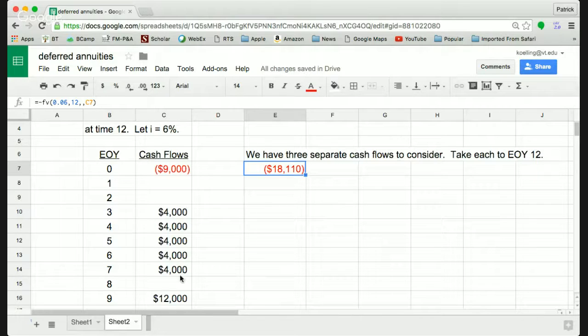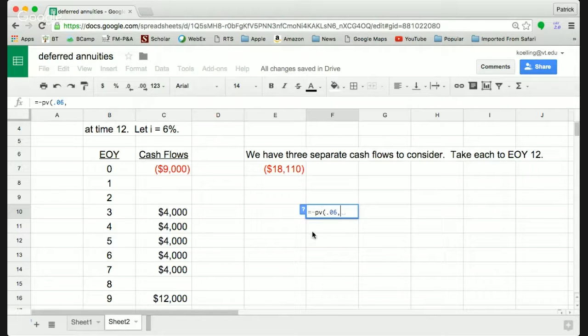Now let's do the uniform series just like we did before. We could either do the present value of those, or we could do the future value of those. I don't care, and it doesn't matter which way we do that. It will give us the same answer either way. So I'm going to here just find the present value of that uniform series of cash flows, equal negative PV, 6%.